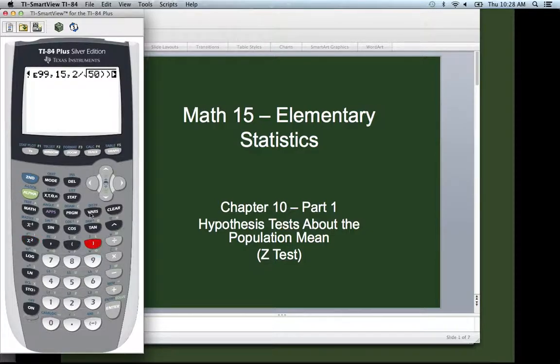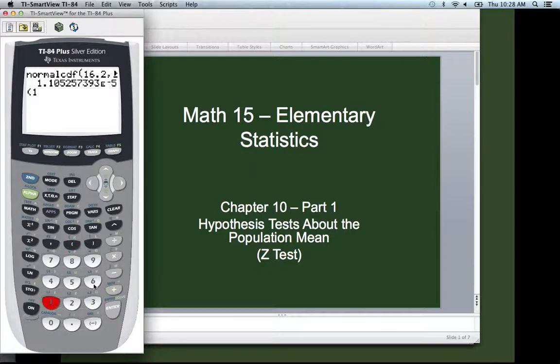Oops, I keep doing that. Hold on here. All right, I do not want the parentheses there. Got a right arrow. There we go. So the p-value here is pretty small. It's about 0.00001.